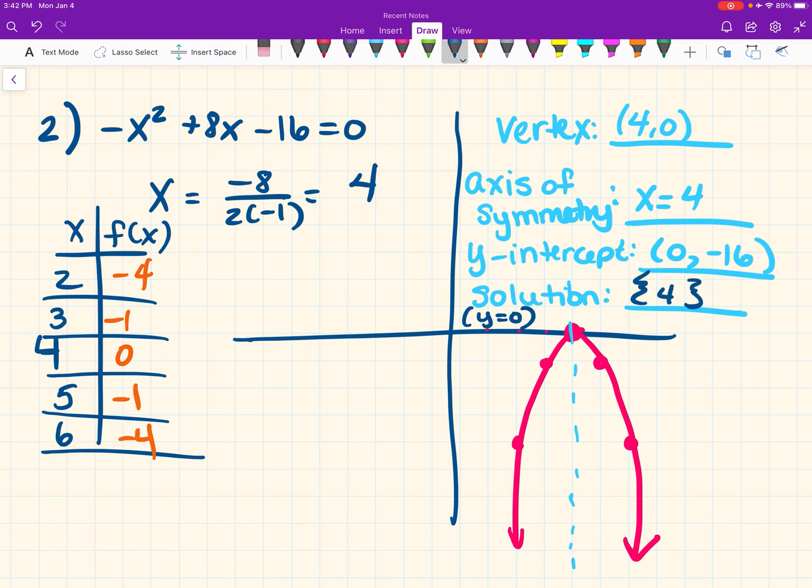The solution is 4. Now, on the notes, you will also see information on how to find the solutions if it's not a whole number. If it's not an integer, how do we find it using our graphing calculator? I'm going to go through those steps with you in class with a graphing calculator, because if it's not an integer answer, we wouldn't see it on the table. We'd have to find it on the graph. So we'll do that in class.